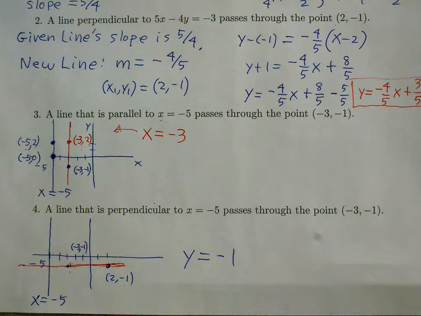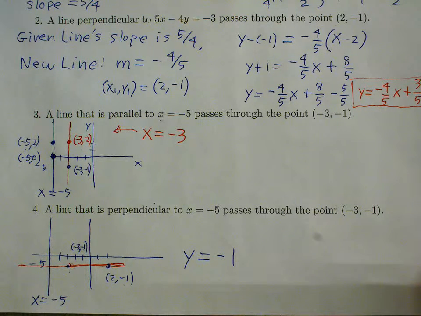Okay, so remember, in the xy plane, the equation for a horizontal line is y equals a number. The number is the same as every y-coordinate that's on that horizontal line. Okay, let's move on to the next page.